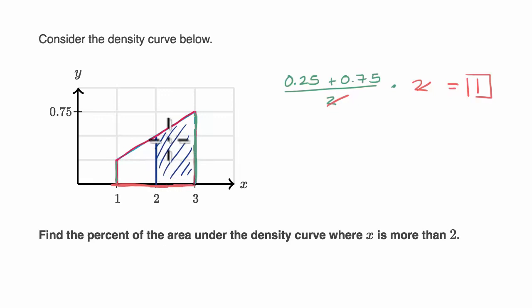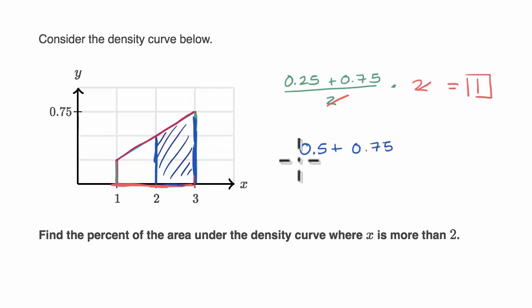Well, we could do the same thing. We could say, all right, this is a trapezoid. We want to take the average of this side and multiply it times the base. So this side is 0.5 high, 0.5, plus 0.75 high.